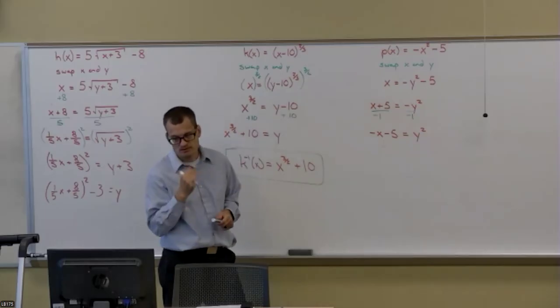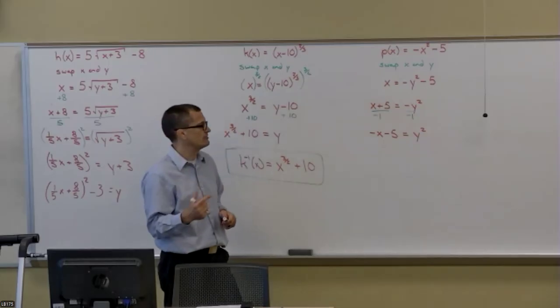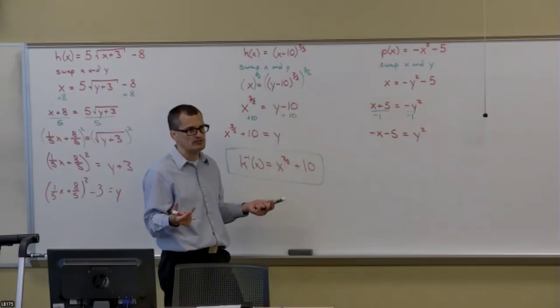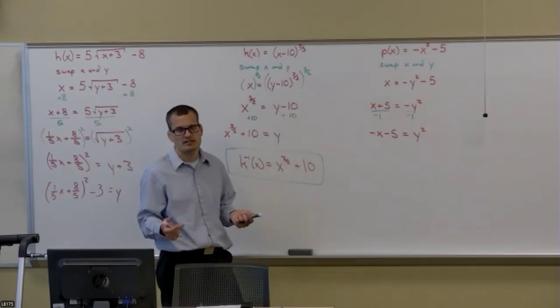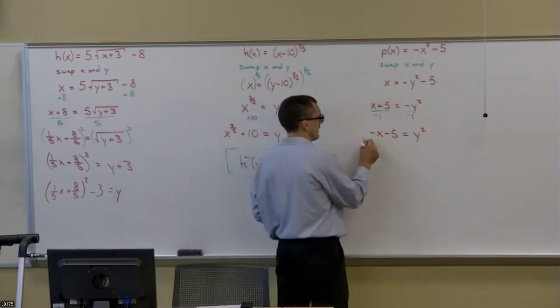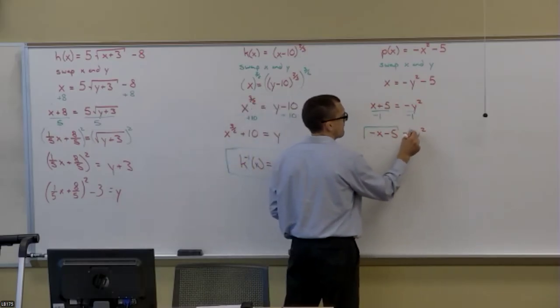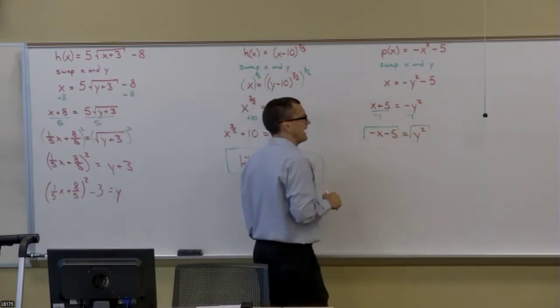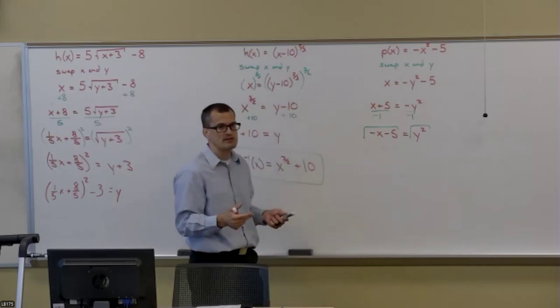In order to get rid of y squared, I'd take a 1/2 power to both sides, or a square root to both sides. Doesn't matter how you write that. So I'll take a square root of both sides. And again, in that step, there's some restricted domain stuff.